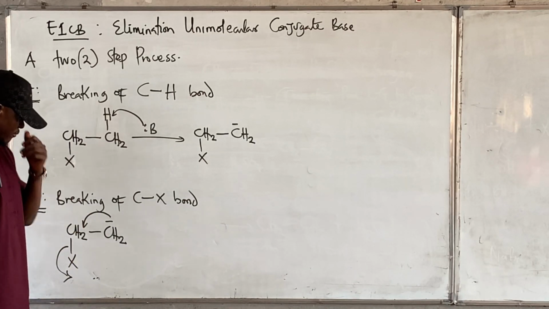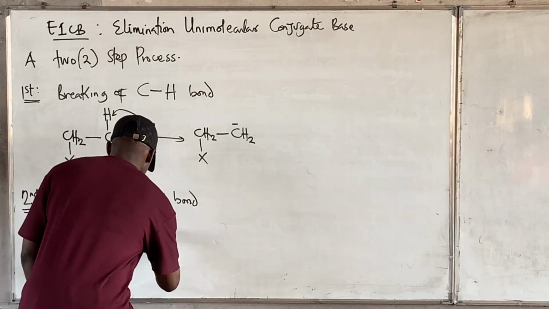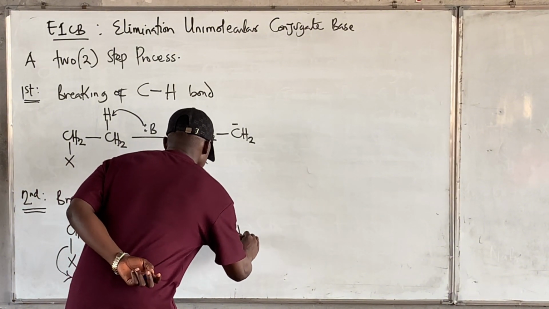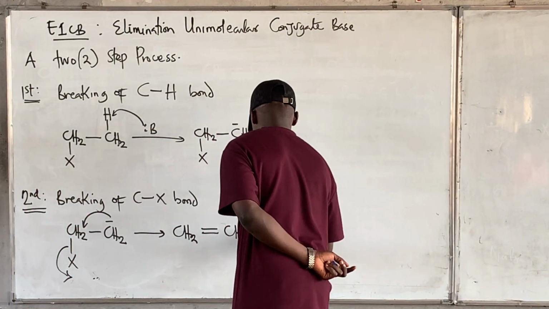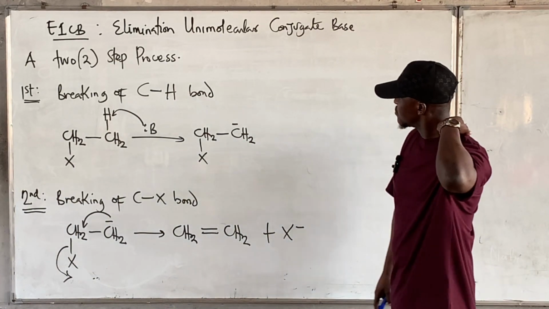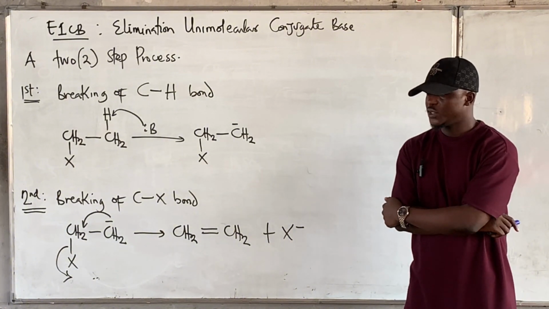There is an arrow here because this is a minus. So when this happens here, we have CH2, CH2 plus X minus. This is basically the product of this reaction.